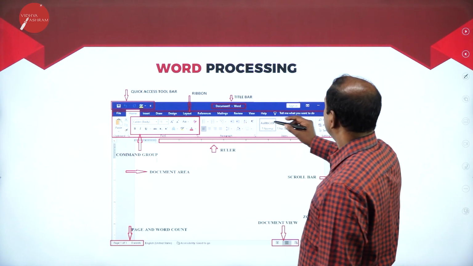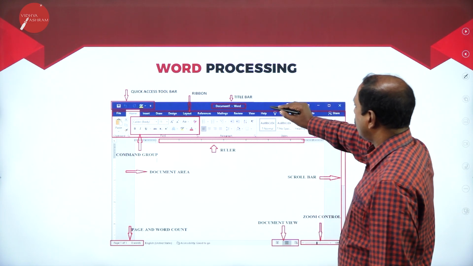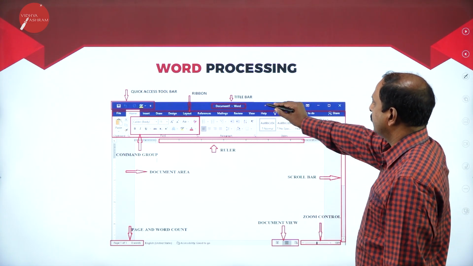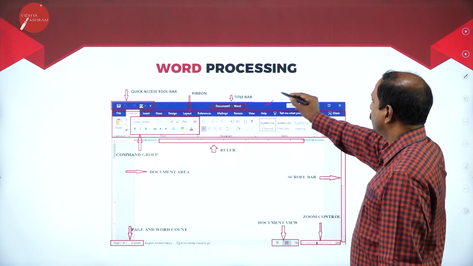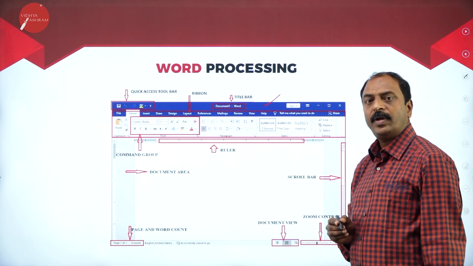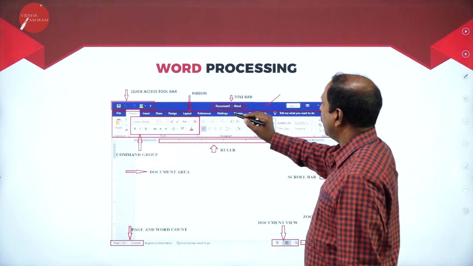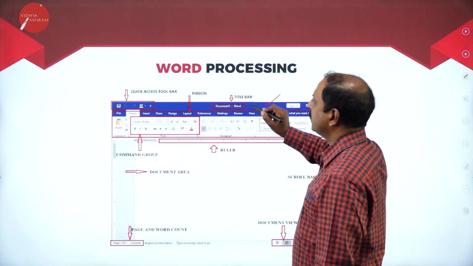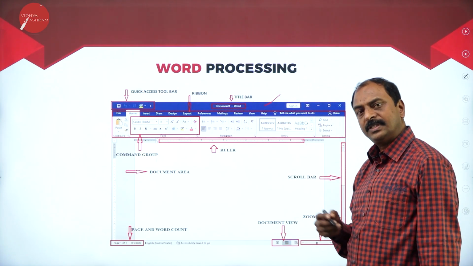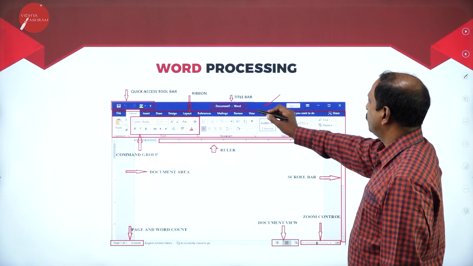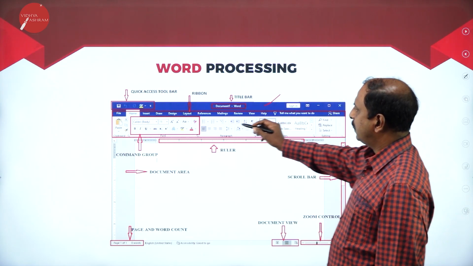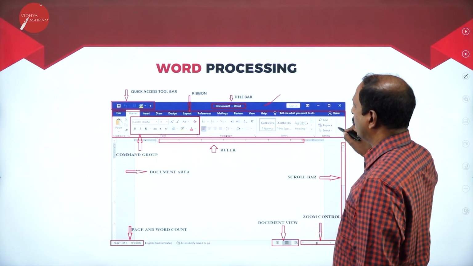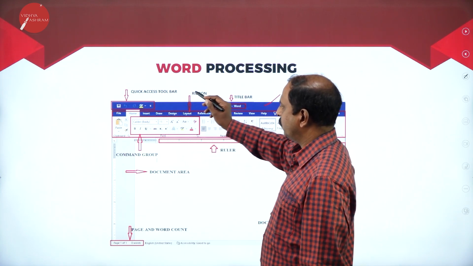And on the top you can see this is the title bar, where you can see the name of the application plus the name of the file you have saved or opened. So this is the title bar, and these are called ribbons, and the quick access toolbar.